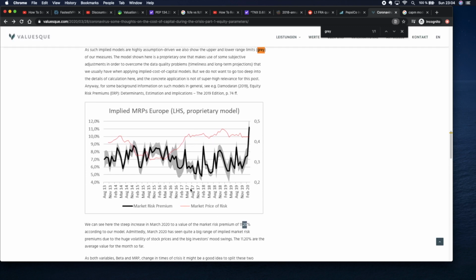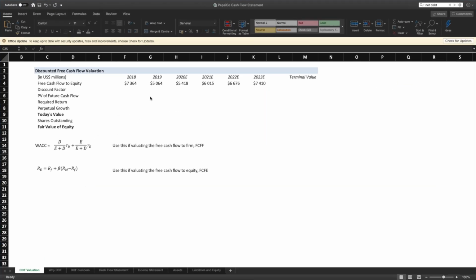And we're going to go ahead for our model and use 11%, which is slightly higher than the otherwise long-term average market risk premium, basically.